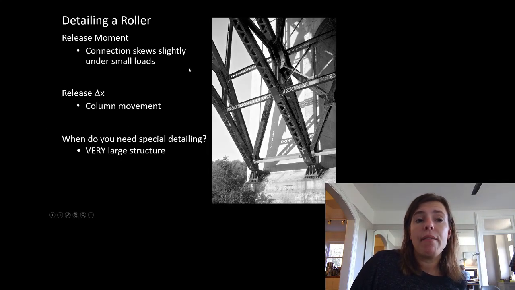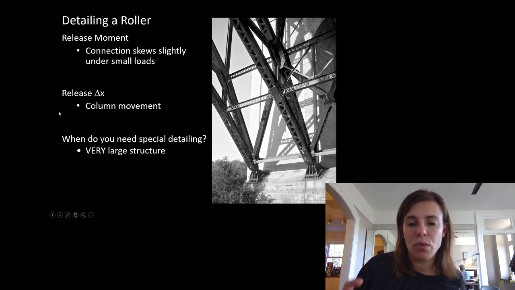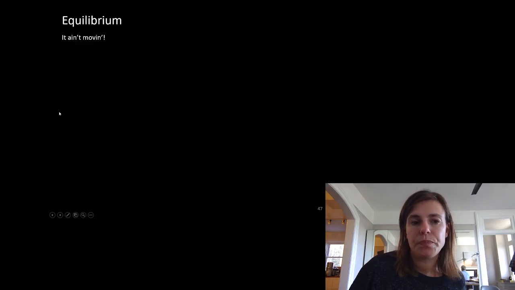Like I said, if you have very special detailing or large things, you might really need to go to the effort to detail that pin or roller condition. If we have a moment connection, it's going to take the moment and we can't have it fail. So we can either detail it as a moment, detail it to release the moment, or we can design it to take the moment. And those are the two options we've got.